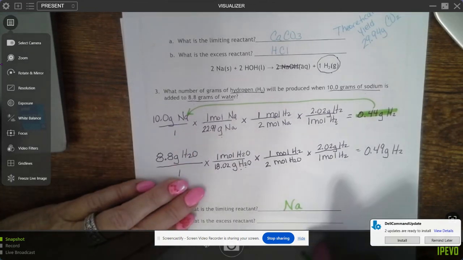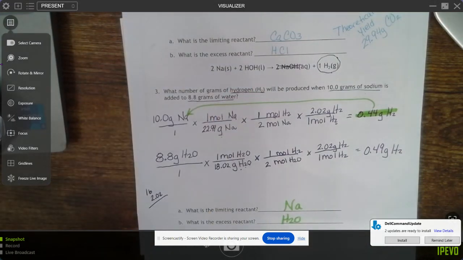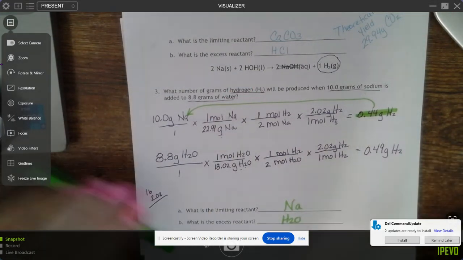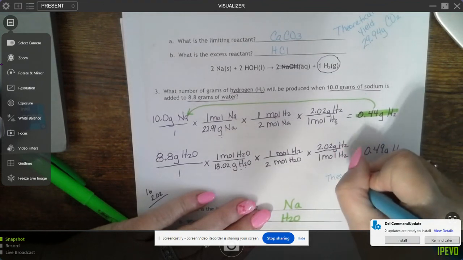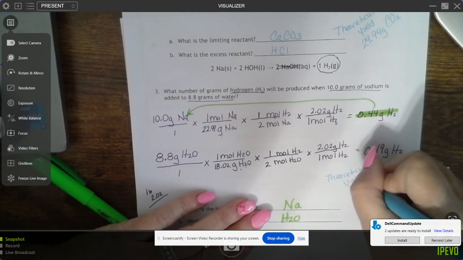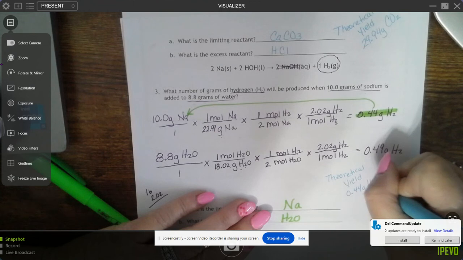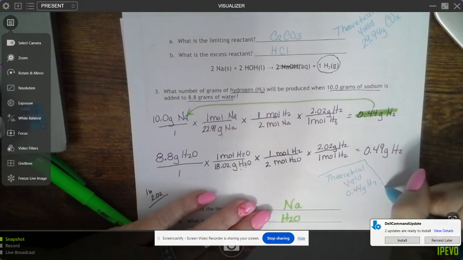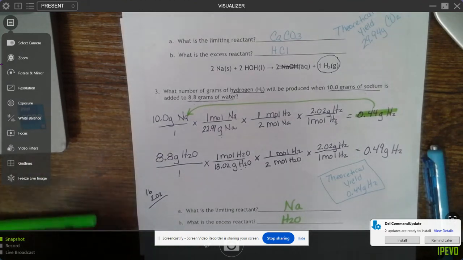Our excess reactant is water. And this number, our theoretical yield, is 0.44 grams of hydrogen.